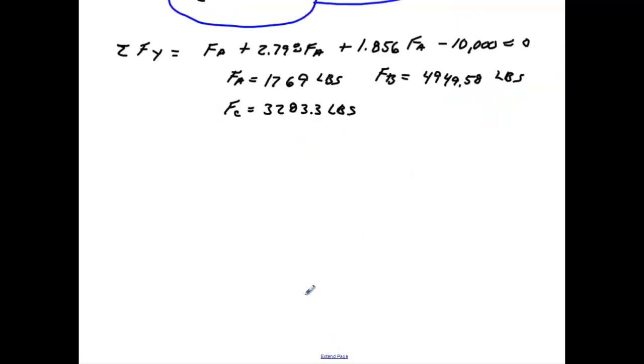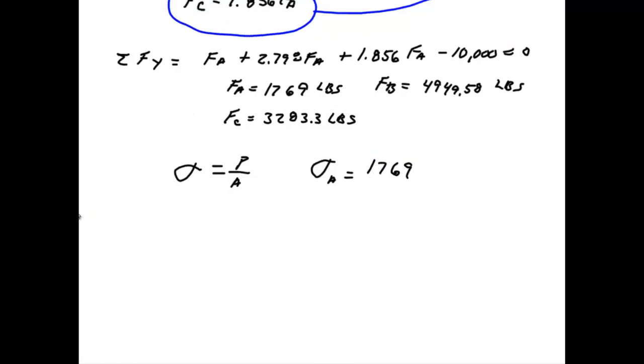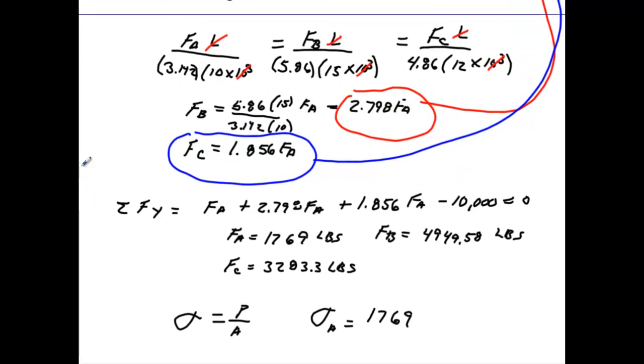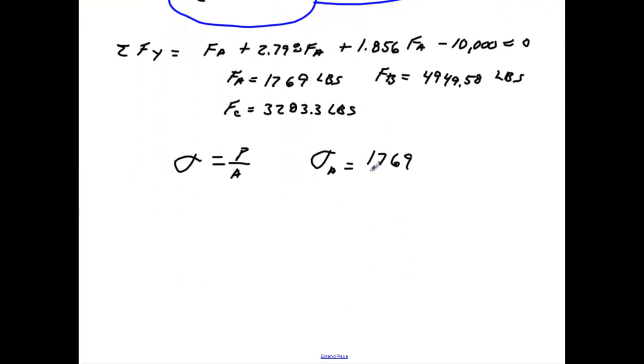Now the easy part is to find the stress. Stress is going to equal nothing more than P over A, or F over A. To find the stress at A, you would take 1769 and divide it by the area, which is 3.142. That'll give you the stress at A. I won't run that calculation, I'll let you.